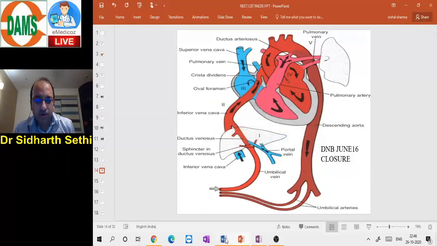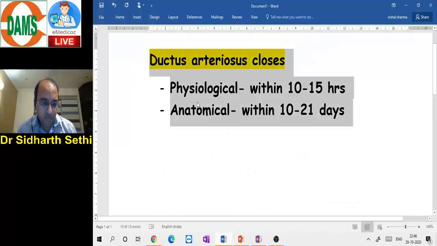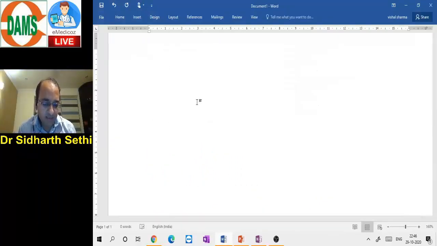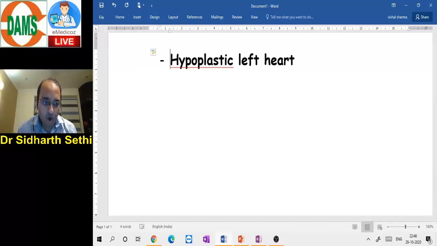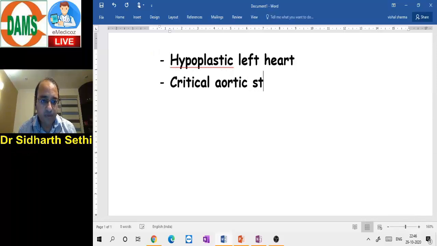So let's talk about a child, all of you, who has, number 1, hypoplastic left heart. Or who has a critical stenosis of the aortic valve.